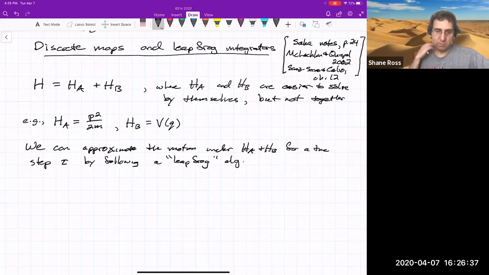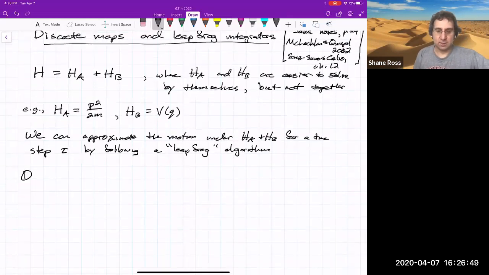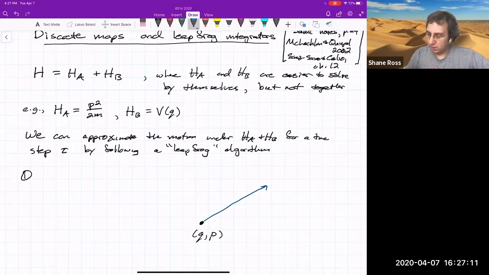In the children's game of leapfrog, you jump over somebody. In this case, I'll put the steps over here and illustrate it on the other side. If we have our initial point here in Q and P space, and we want to know where we end up after a certain time step under HA plus HB, maybe we end up here.